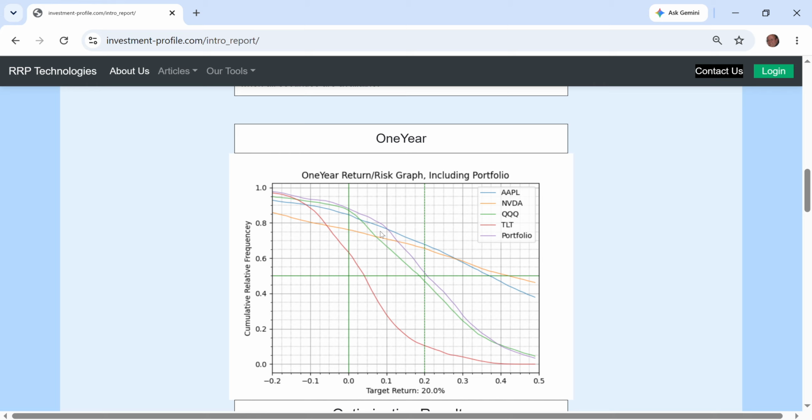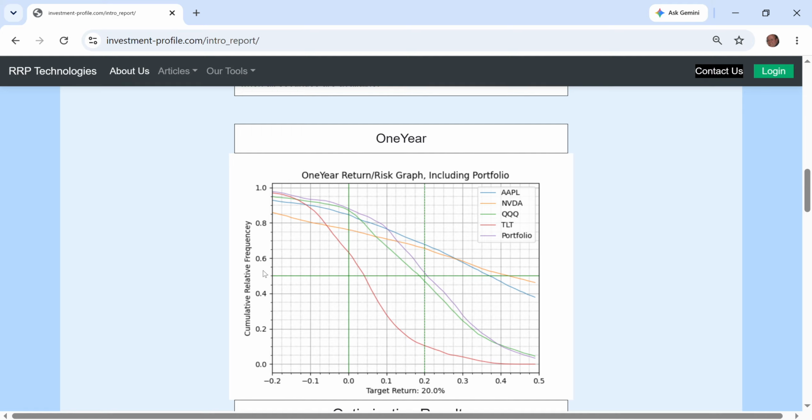But this is, I think, a nice way to represent risk and return. In this case, the portfolio crosses through this horizontal green dotted line at the 20% level, which represents the target return that we selected.